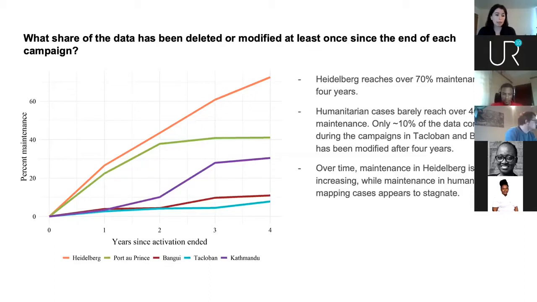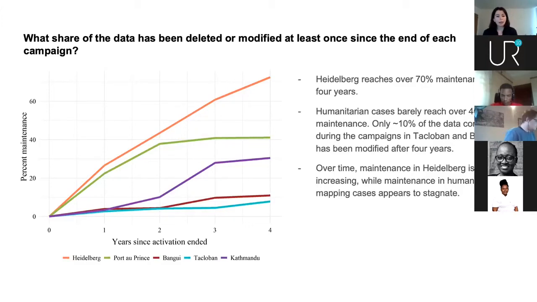And the mapping done in Port-au-Prince in 2010 has produced the most maintenance over time, but it's quite a different story when we look at Bangui or Tacloban, for example, where 4 years after the end of the mapping campaign, barely 10% of that data has been deleted or modified at least once.